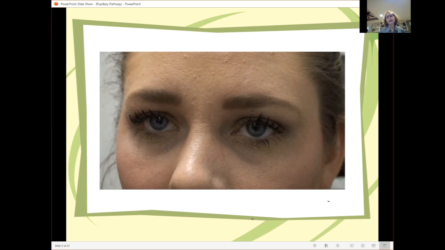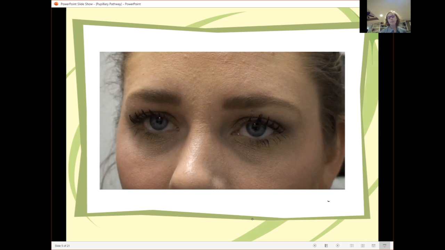When we shine a light in the left eye, there won't be any constriction, but then both pupils will redilate. The redilation occurs because there's not as much stimulation getting back to the brainstem from the left eye compared to the right. So both pupils dilate.